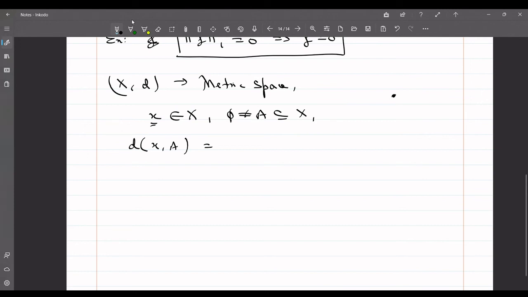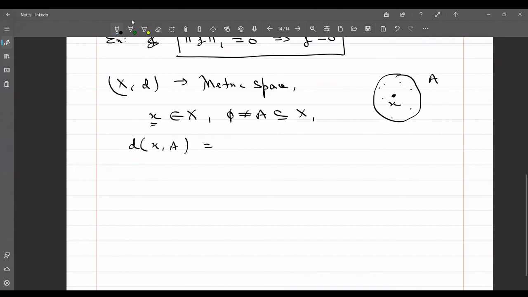Now see, suppose this is X, and let's say A is this region. A has numerous points. So what must be the distance between X and A, you might say? Or rather, we define this metric. You may say the metric can be defined as the minimum of the distance.